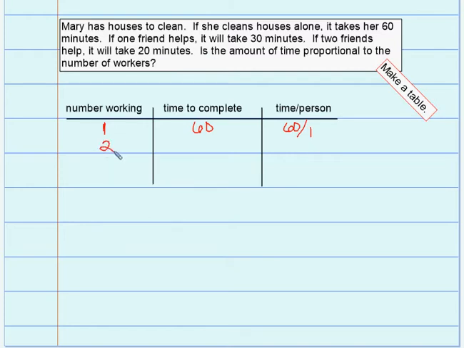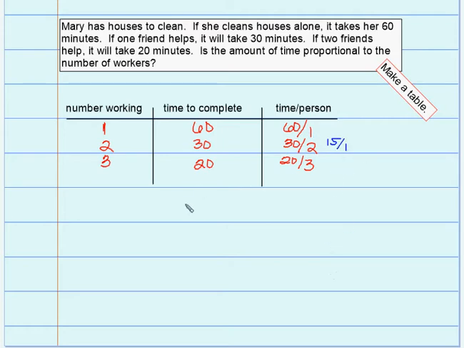If two people do the job, Mary and her friend, it takes 30 minutes, which is 30 minutes for two people. And if three people work, then it takes 20 minutes, which is 20 divided by 3. Now, if you simplify, especially this one in the middle, you get 15 for 1.